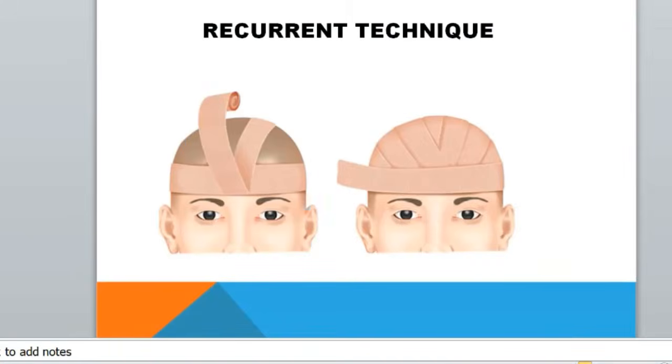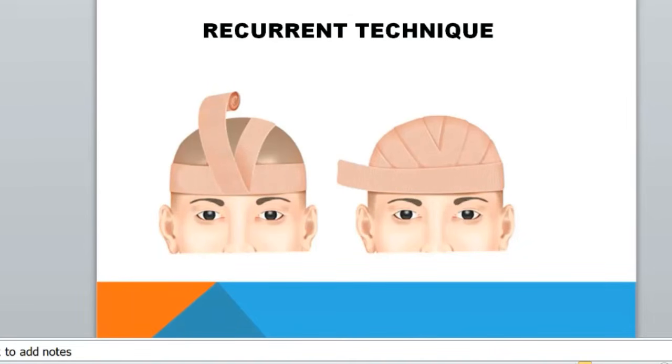This one is recurrent. This one can be used for the head. You can use it for a stump, maybe below the knee or above the knee amputation. If they do a knee amputation for someone, this is the type of technique we should use.